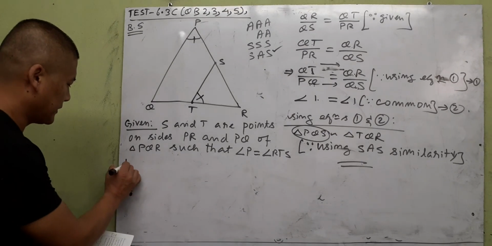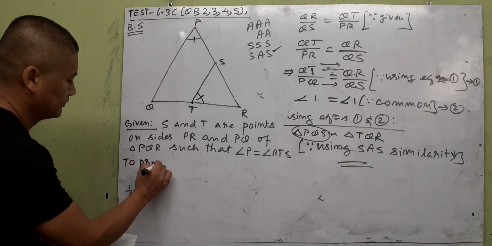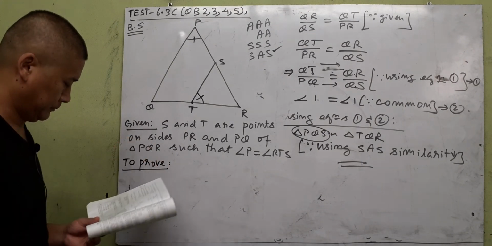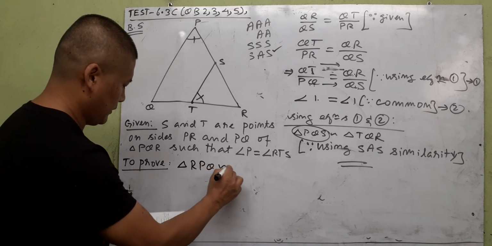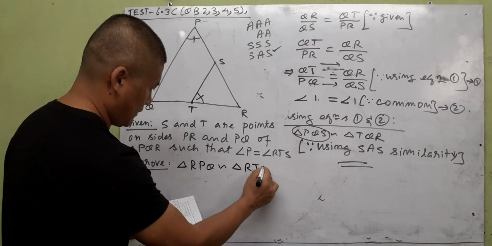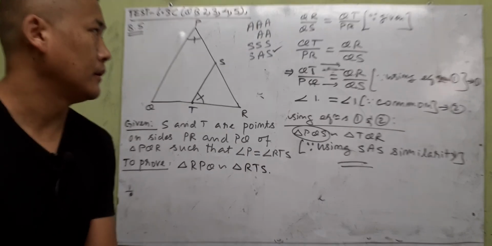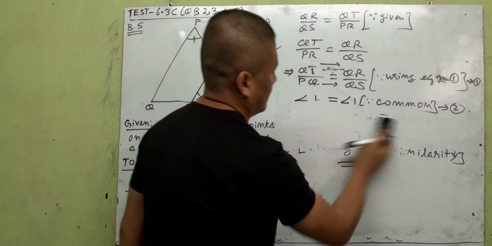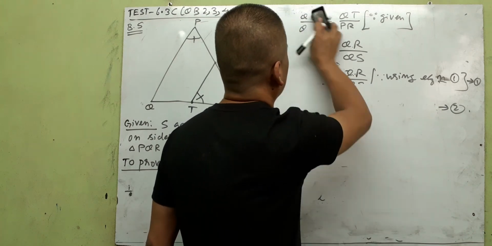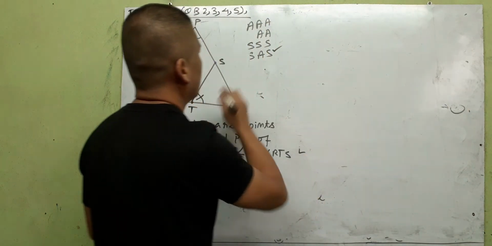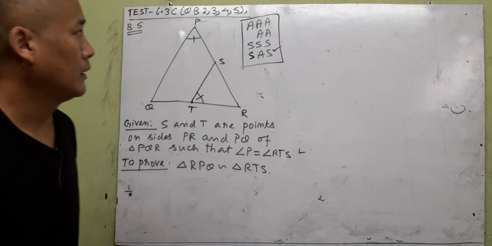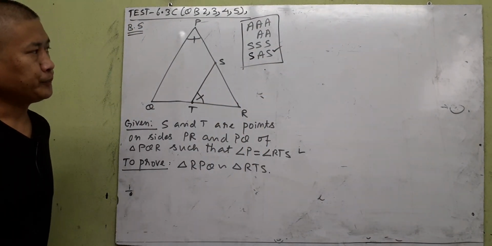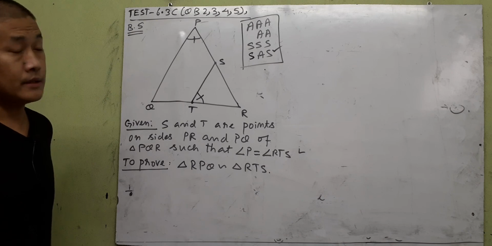Now you have to prove that triangle RPQ is similar to triangle RTS. Let's see how we're going to do this. As we said, there are 4 similarity conditions. Which one are we going to use? AAA, AA, SSS, and SAS.